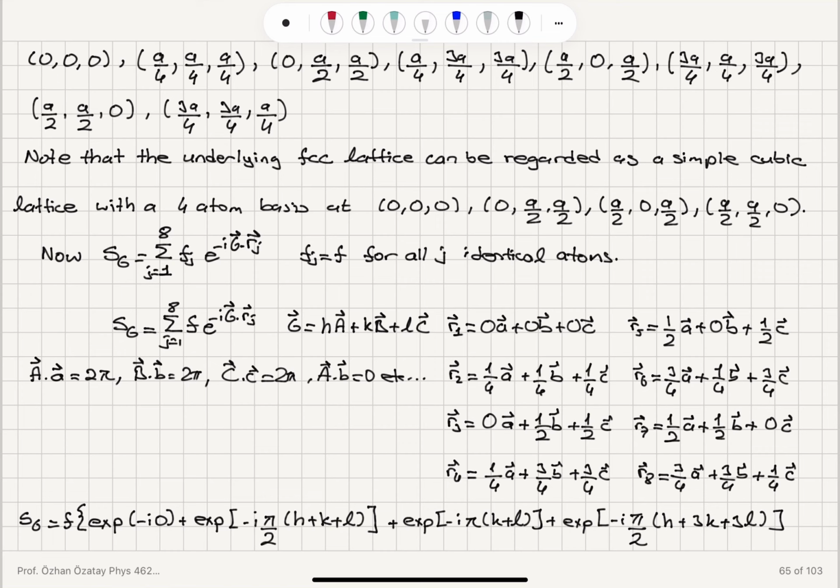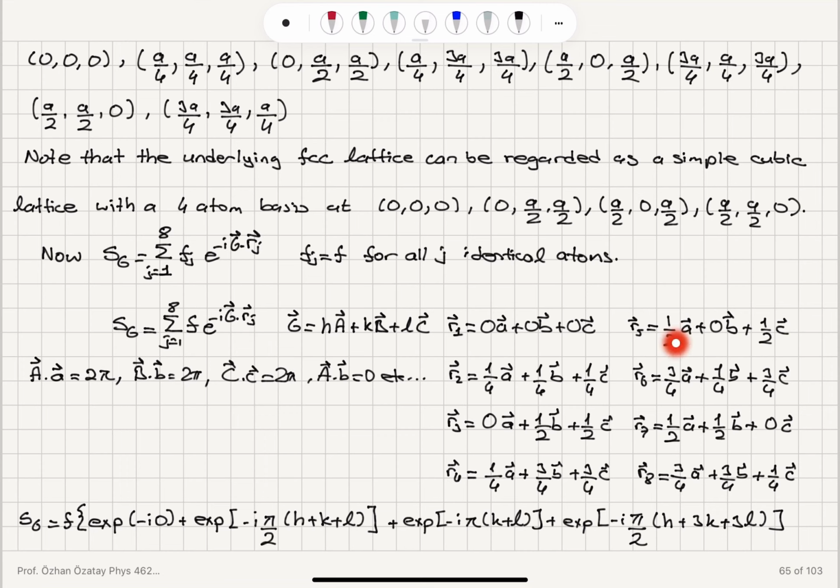And those are basically found by looking at the underlying FCC lattice basis atoms when viewed as a simple cubic lattice, and adding to each one a over 4, a over 4, a over 4. And the geometrical structure factor is the sum over the number of atoms in the basis, atomic form factor, e to the minus i, reciprocal lattice vector dot product with position vector of the atoms in the basis.